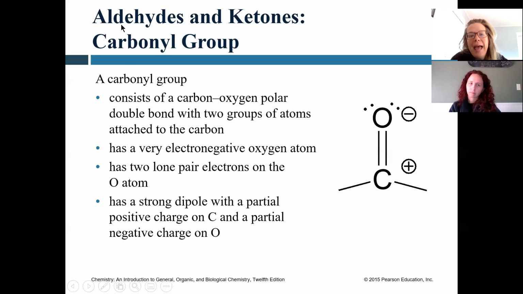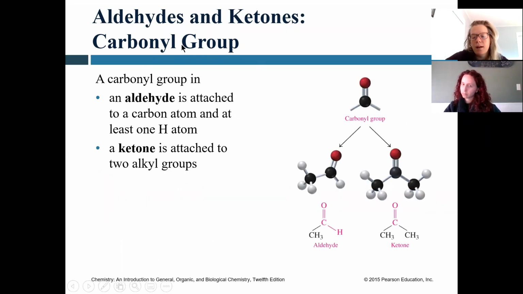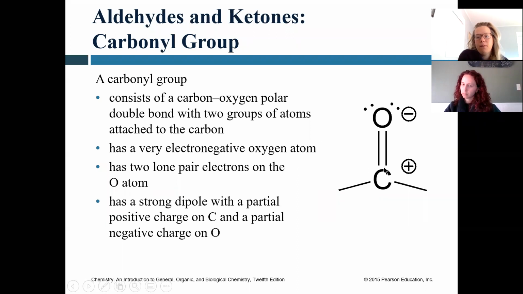So both aldehydes and ketones contain what's known as a carbonyl group. It's just a matter of where they are in the chain that determines if it is in fact an aldehyde or a ketone. A carbonyl group is a carbon that is double bonded to an oxygen. The oxygen will have 2 lone pairs of electrons.